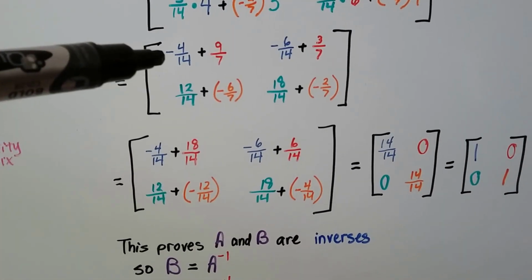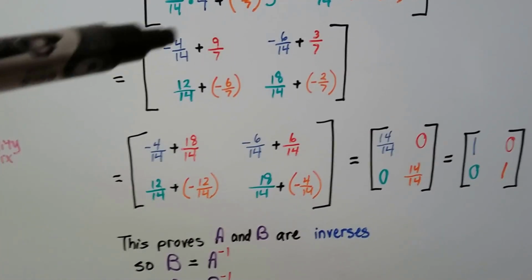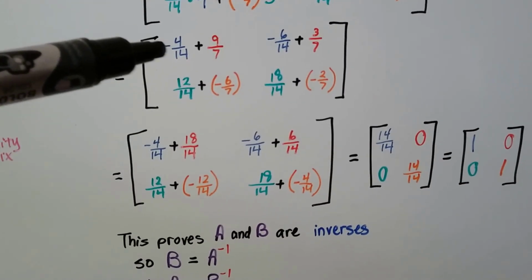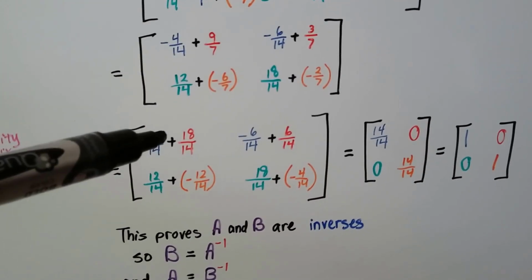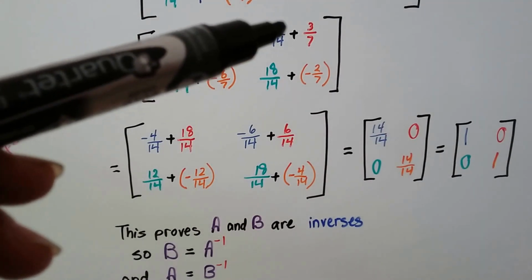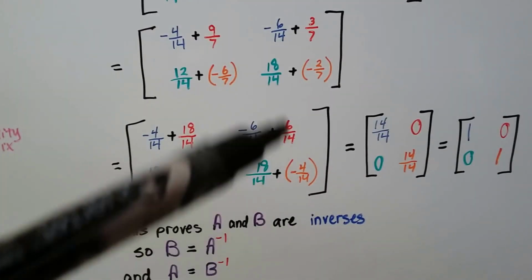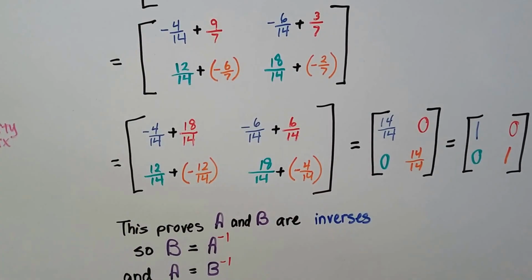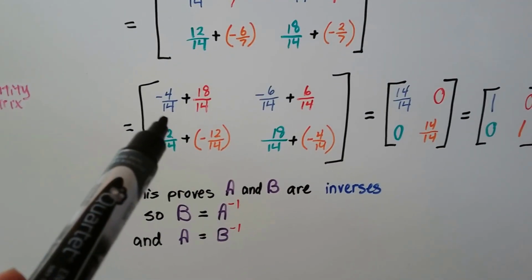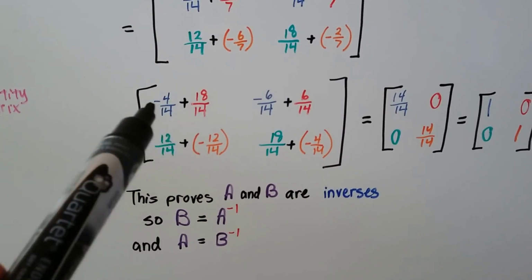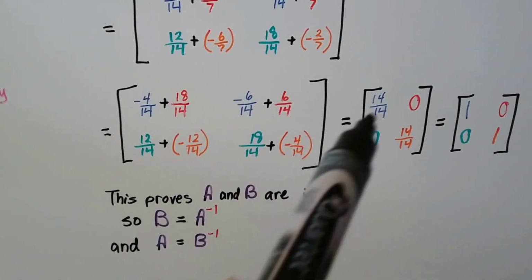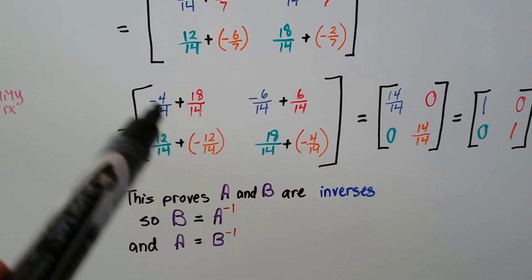Now we need to have them with like denominators to add them, don't we? So this would become an 18/14. And this would become a 6/14. And this would become a negative 12/14. And this would become a negative 4/14. Now when we do our addition, we're going to get a 14/14 for this one.